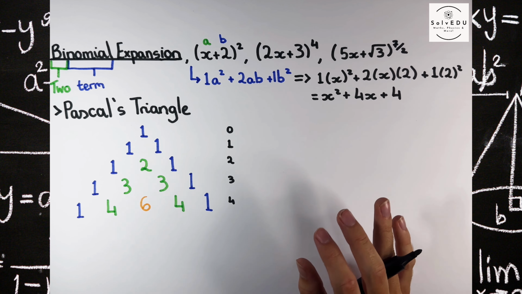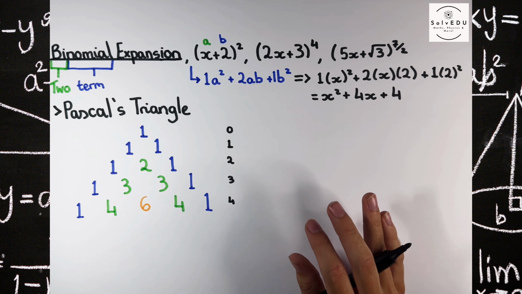But anyway, you may be wondering why Pascal's triangle in general. Just why? It's a big triangle that doesn't seem at first to have anything to do with binomial expansion.